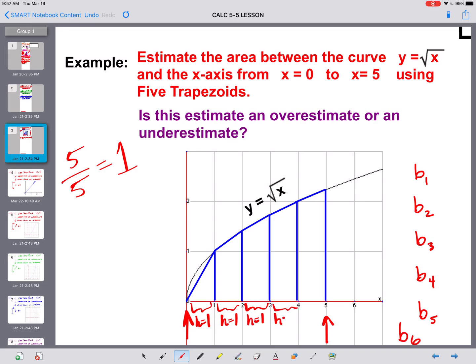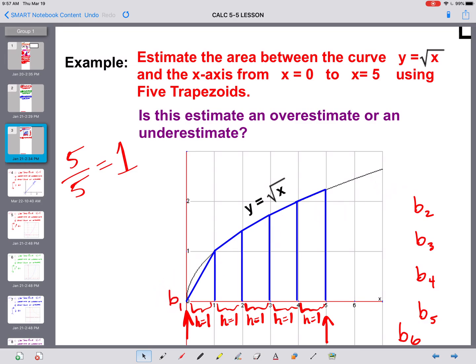Okay? I know you're calling it the width, but in our little formula, I call it the height of each trapezoid. Now, where are the bases? Well, the first base. You go, wait, that doesn't look like a trapezoid. I'm going to call it a trapezoid. I know it looks like a triangle. I'm going to call it a trapezoid with one of the bases equal to 0.